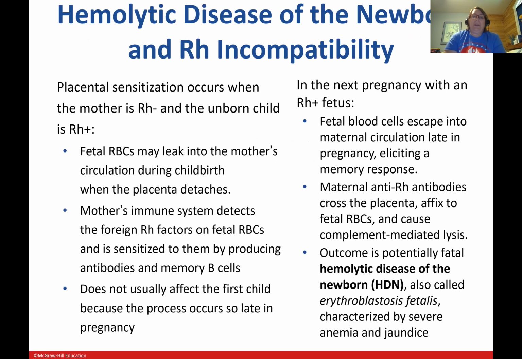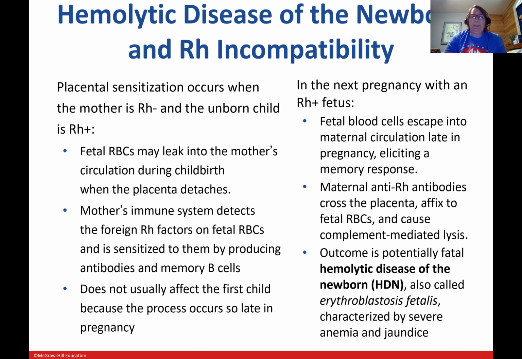So those fetal red blood cells might leak into the mother's circulation. Often it's during childbirth, or there's a placental abruption where a bit of the placenta kind of pulls away and there's blood that leaks into the mother's body from that placental abruption.